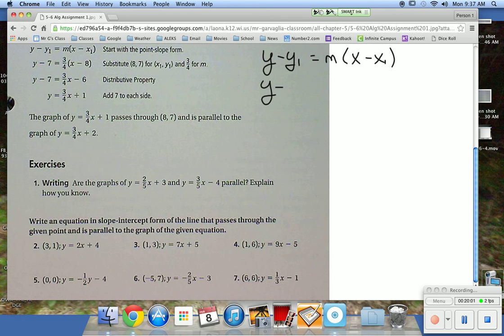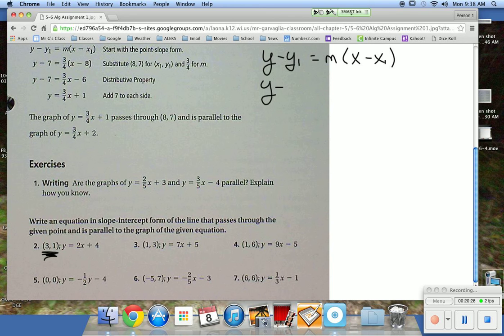y minus what? Really? What's my point? Here's my point, guys. 3, 1. What's my y in there? Hallie, do you see what the y is in there?